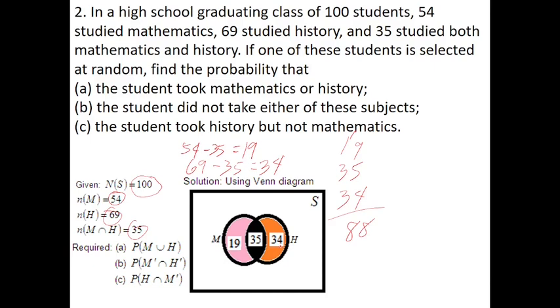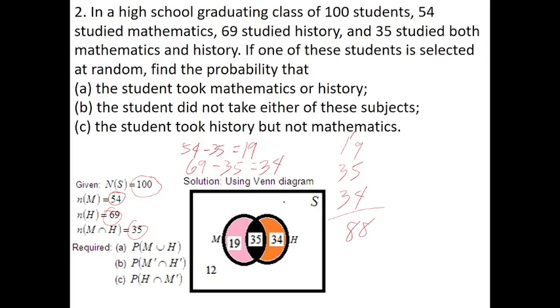So, yung 12 na yon, nasa labas ng dalawang events M and H. Pero nasa sample space. So, ito ngayon yung 12. Yung puting part, outside ng dalawang circle, yun yung mga 12 estudyante. Not taking math and not taking history, or kahit alin man sa dalawang subject.